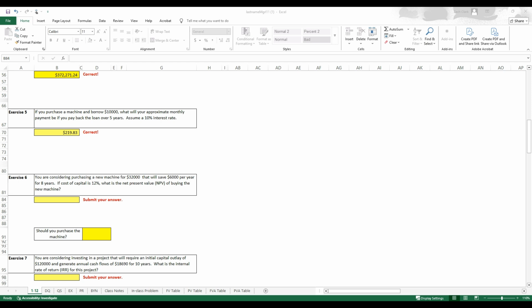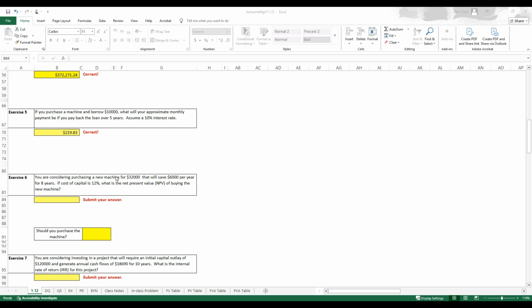Okay, so in these problems where we're analyzing whether the purchase of the machine is economically feasible, the net present value of buying this new machine, what we want to do is to essentially discount all of these cash savings that we have per year back to see what the present value of all those savings is going to be if our cost of capital is 12%, for example. In other words, we're saying, if you get $6,000 5 years from now, that won't be worth $6,000 to us, right?